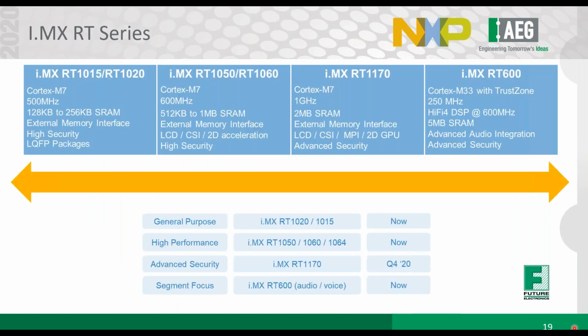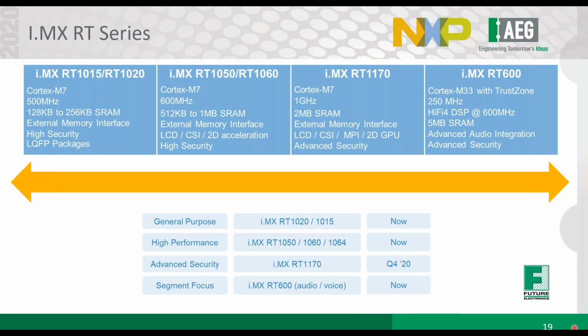Okay, so let's just briefly talk about each family from the previous slide. Let's start with the I.MX RT series. This is that M7 class of microcontroller that's considered more of a crossover family of processor where you get the best of both worlds. You get a very high-speed M7 microcontroller that can run anywhere up to a gigahertz in terms of speed.